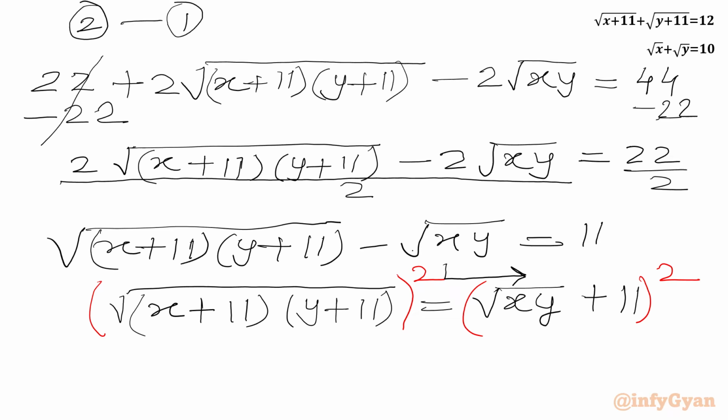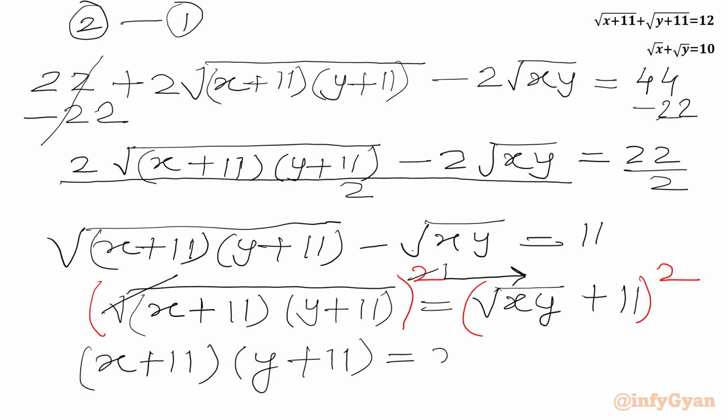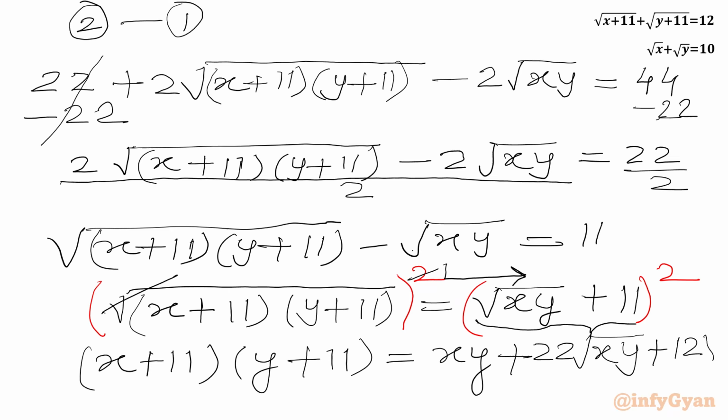Now from left hand side, we can cancel a square root and a square. So we will get (x+11)(y+11) equal to xy plus 22√(xy) plus 121 by using the (a + b)² formula.